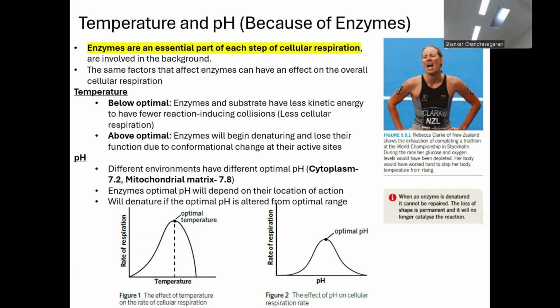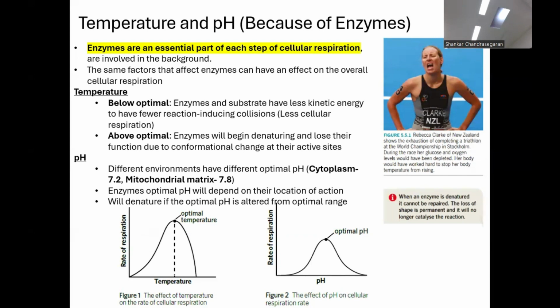It depends on where the biochemical reaction is occurring. Remember that the 3 stages of aerobic cellular respiration happen at different places, right? The first one happens at the cytoplasm, the second one happens at the mitochondrial matrix, and the third one happens at the cristae.